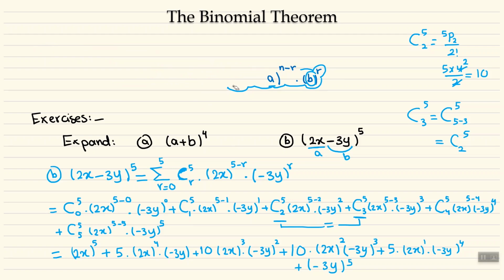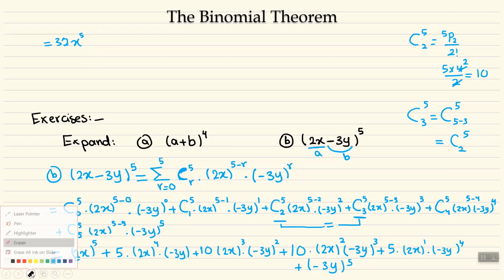So let's see. Okay, so what do we get now? 2x to the power of 5. We raise 2 to the power of 5, so 2 to the power of 5 is equal to 32. And we raise also x to the power of 5, so we get x to the power of 5. Plus. Or actually, it's not a plus. Actually, it's going to be a minus. Let's see why.